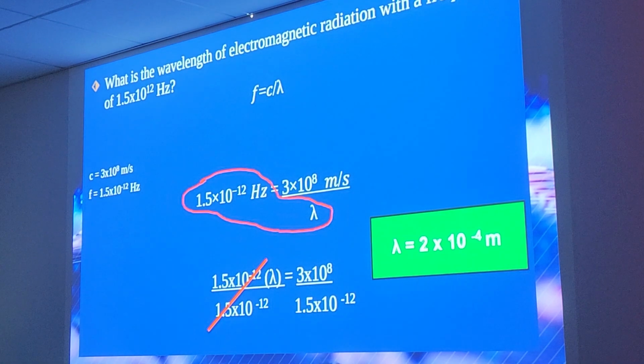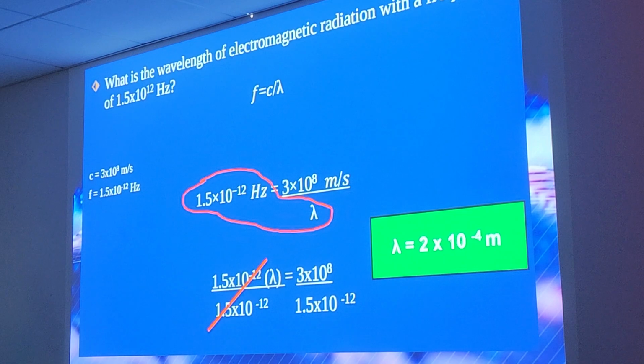Anyone confused? One question. Can you leave it as a fraction or do you want us to simplify? Yes, you have to give it to me in exponential form.